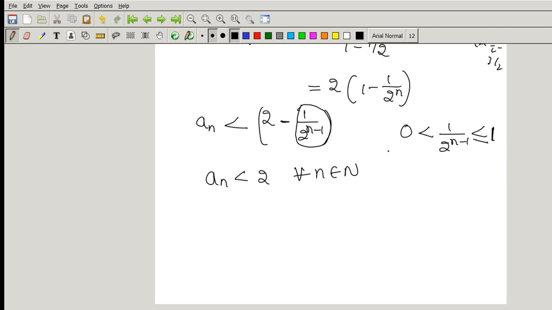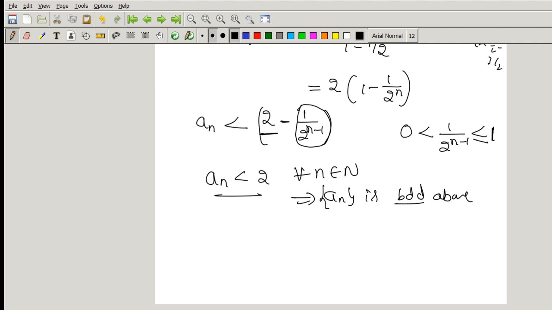If you subtract this value from 2, that is, 2 minus a value that lies between 0 and 1, we are left with something always less than 2. Therefore, an is less than 2 for all n belongs to N, which implies an is bounded above.